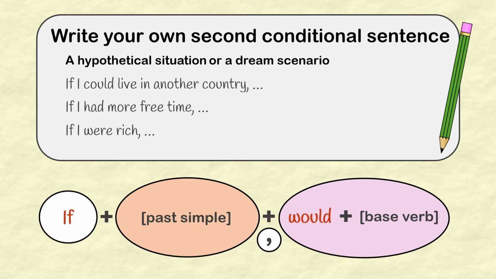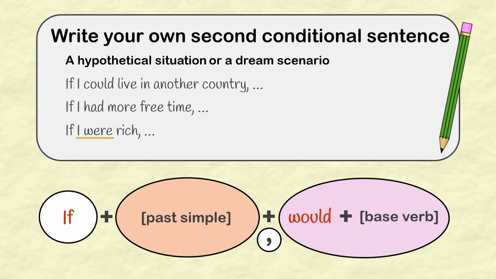Here's the usual structure for second conditional sentences. Remember, when using the verb to be in the past simple clause, we use were for all subjects. For example, instead of saying if I was rich, we say if I were rich.